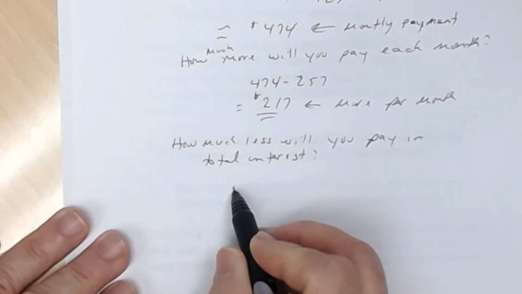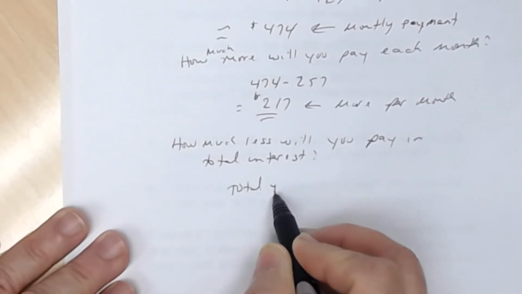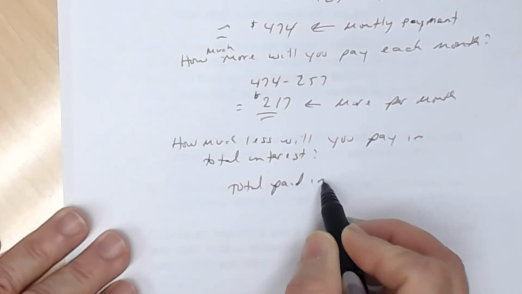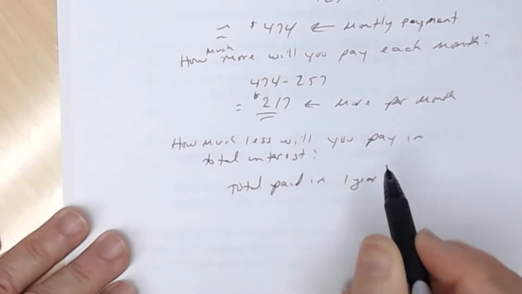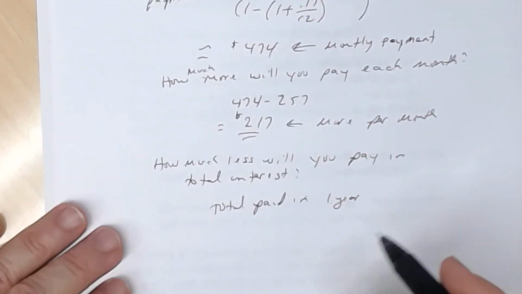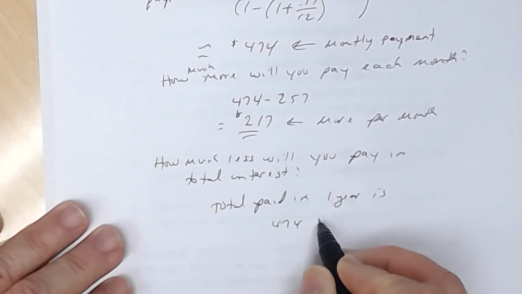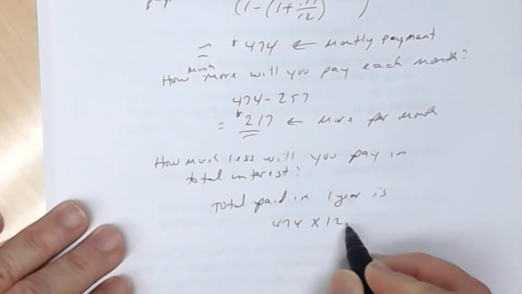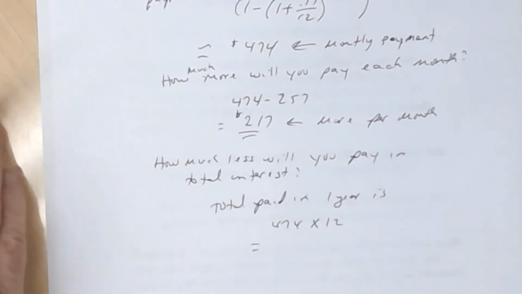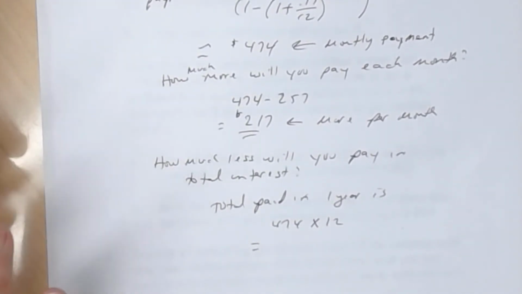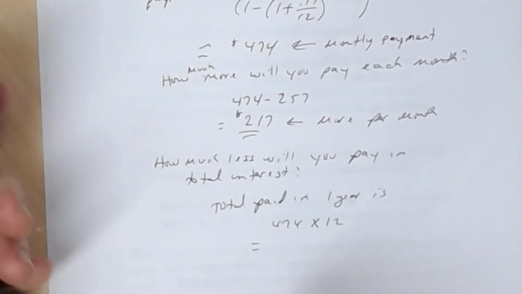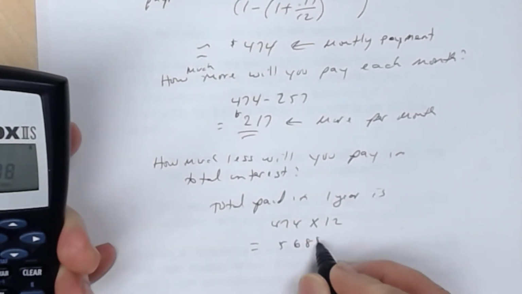So the total paid in 1 year, because remember you're paying this off in 1 year, is 474 times 12, because there are 12 months in that 1 year. So 474 times 12 equals $5,688.